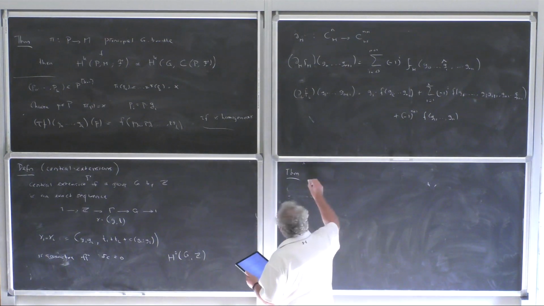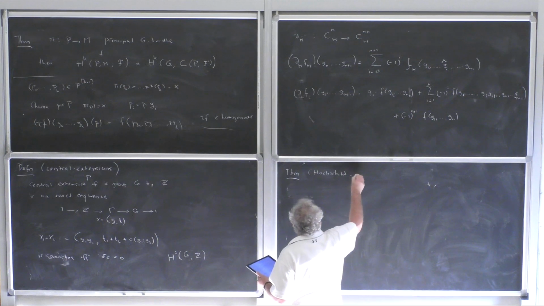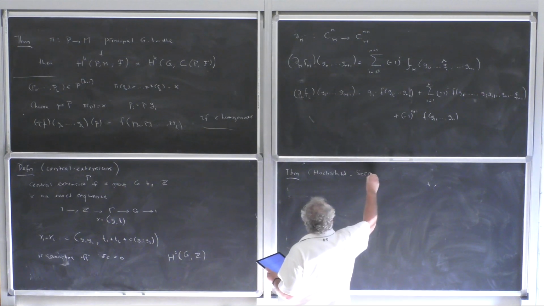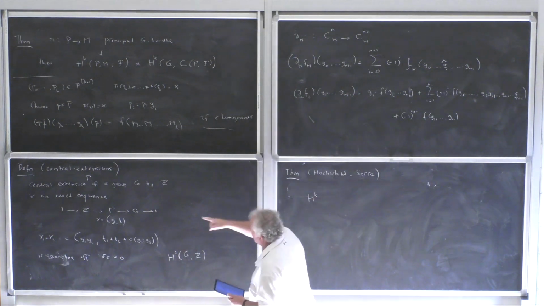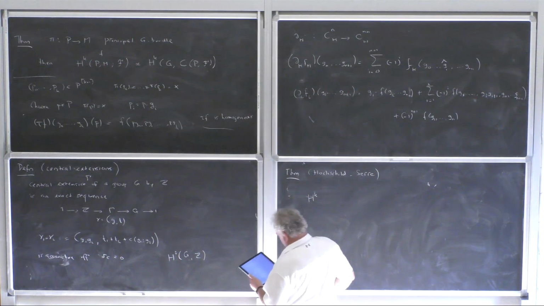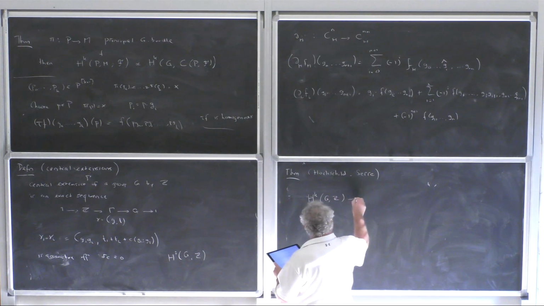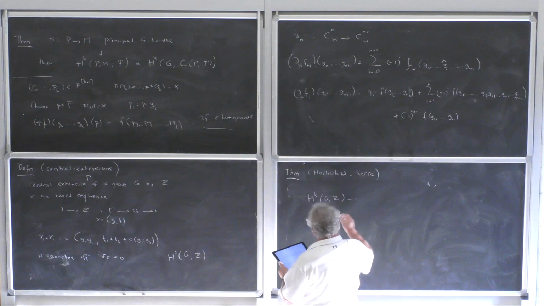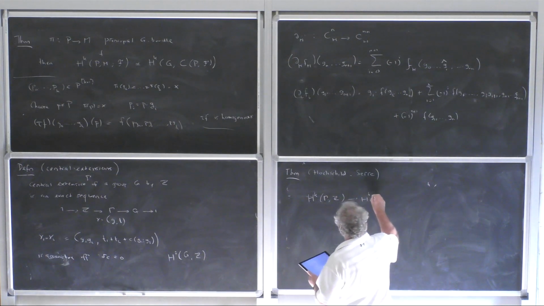It turns out there exists a Gysin sequence for group cohomology as well, which is due to Hochschild and Serre, which is just a long exact sequence corresponding to this situation. So H of G, Z, sorry. So just pull back.